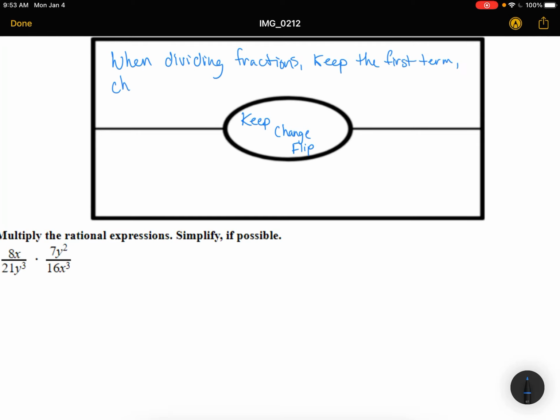We change the operation to multiplication, actually. And then finally, last, we flip the fraction, or we flip the second term.